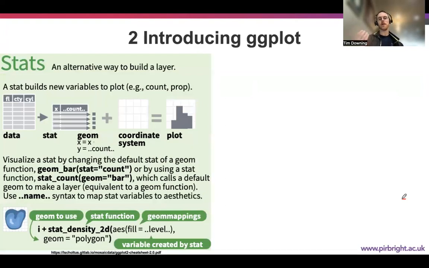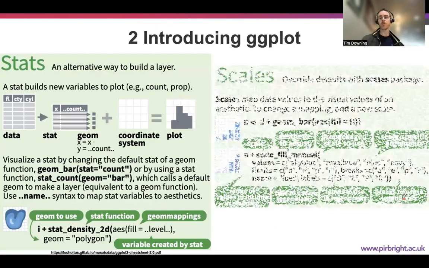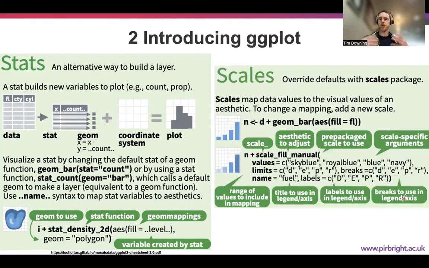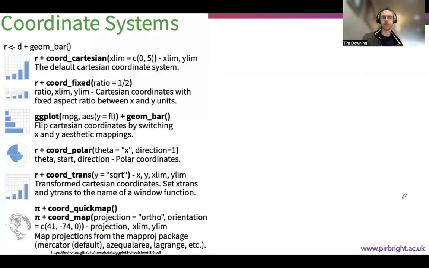We can use stats, summary stats maybe that we're looking into if we're reading in a bigger data set into ggplot2, and that builds on more layers as well. We can also use scales to normalize our data in a particular way or scale them in a particular manner that makes sense for us too. There's also different coordinate systems.